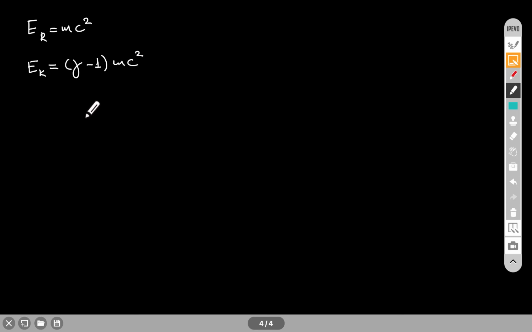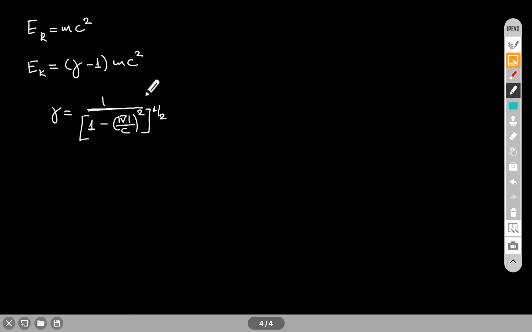mc squared. Now, the relativistic factor gamma can be calculated as 1 minus the speed of the object over the speed of light c, and this squared, and the denominator to the power of 1 over 2, or just the square root of the denominator.